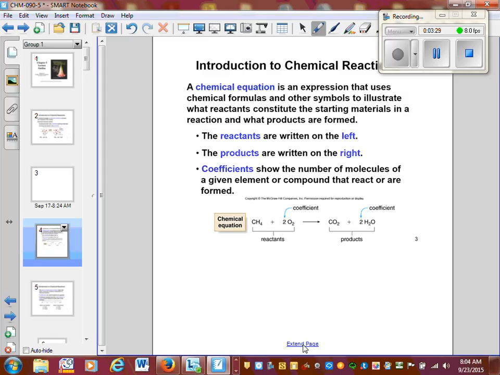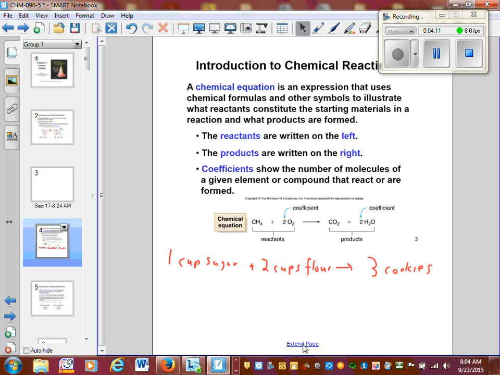So if I say 1 cup of sugar, plus 2 cups of flour, gives us 3 cookies. Obviously, they're going to be big cookies. I kind of wrote a recipe in shorthand.